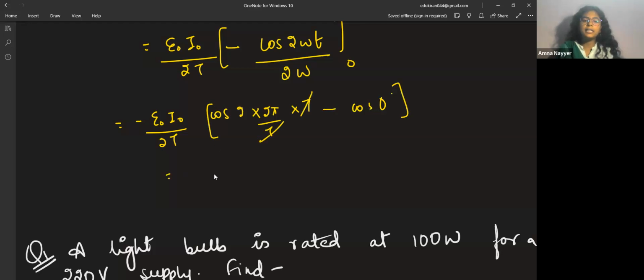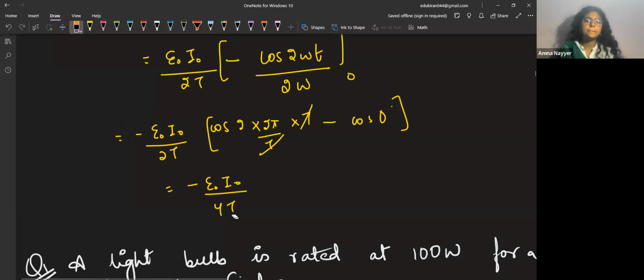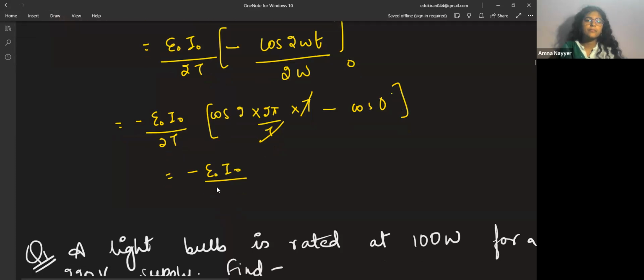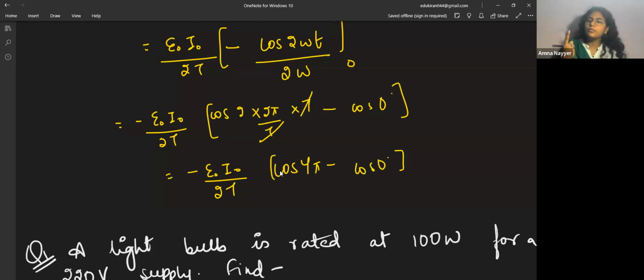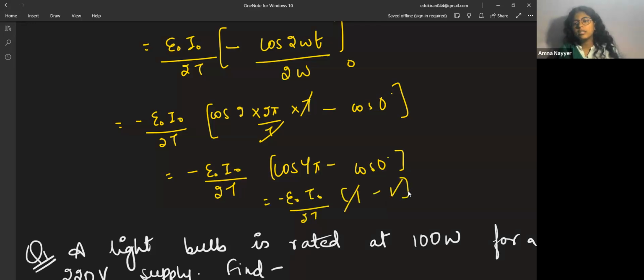This becomes minus E naught I naught by 2t times cos 4 pi minus cos 0 degree. See, cos 4 pi is 1 and cos 0 degree is also 1. So they'll cancel each other. Finally, the value of P average will be zero.